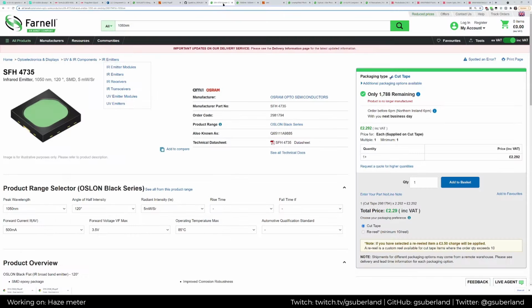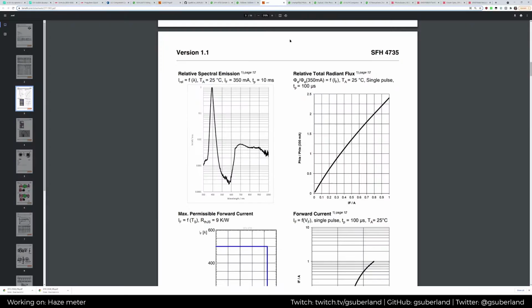But these are cheap. Like, these are really cheap, and I am quite happy to put up with the fact that it's only 0.003, so that's 0.3% of the optical intensity of this light.